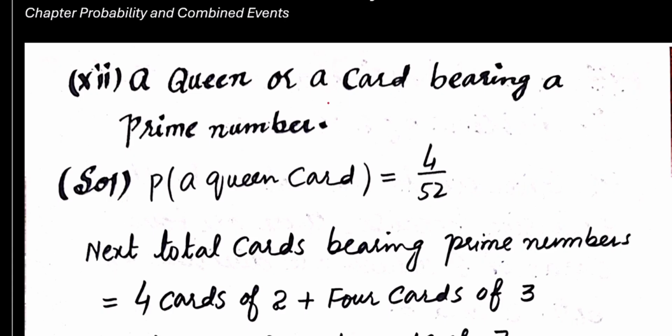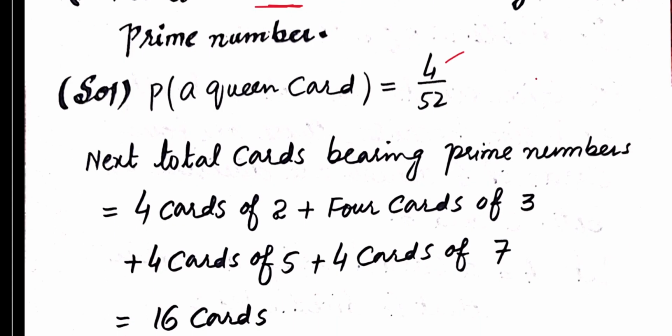A coin or a card bearing a prime number. Again, this is an OR. So you have to see here whether these events are mutually exclusive or not mutually exclusive events. Probability of a coin card, there are 4, so their probability is simply 4 over 52. Next, total cards bearing a prime number.